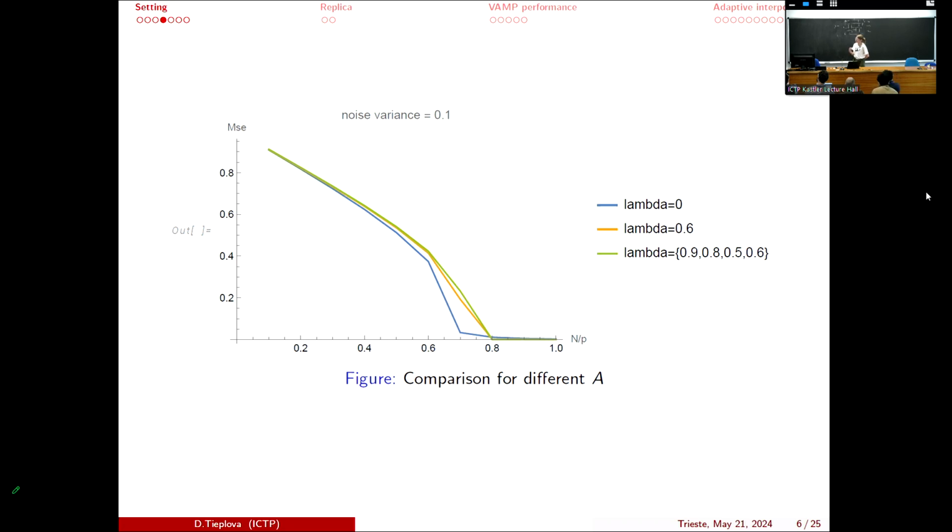What is logical is that the more complicated this matrix A, the more structure we have in our design matrix, the harder it's supposed to be to find the true signal beta. Here we see the plot where vertically we have the mean square error, and horizontally the ratio between the number of observations and the dimension of our signal. These three lines are three different mean square errors for three different A's.